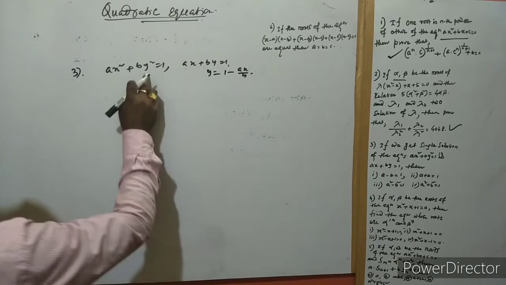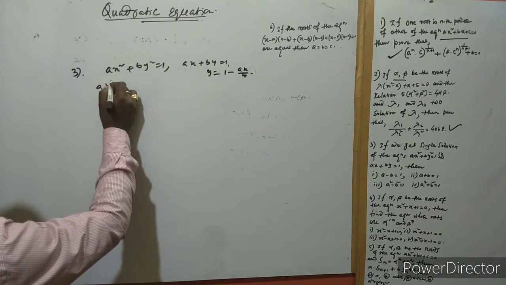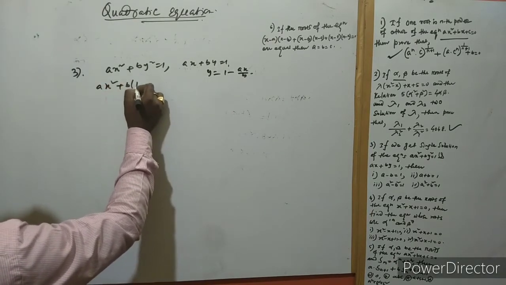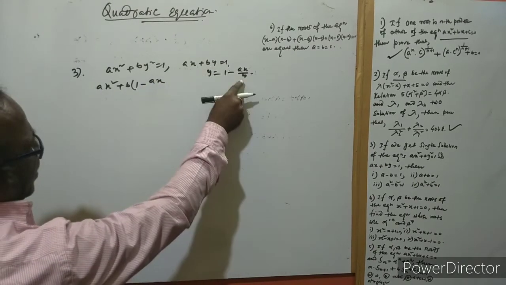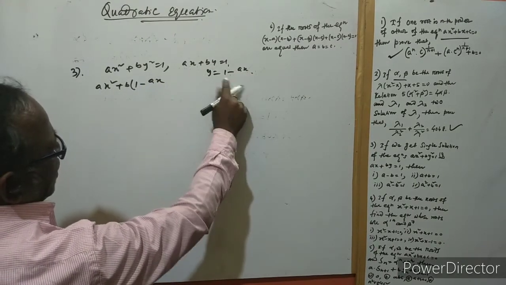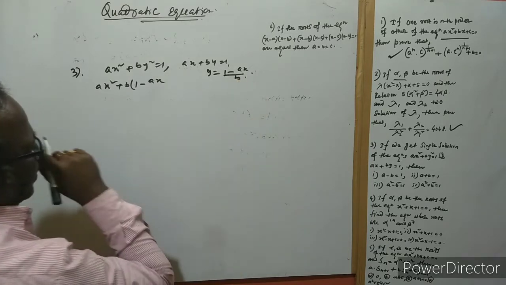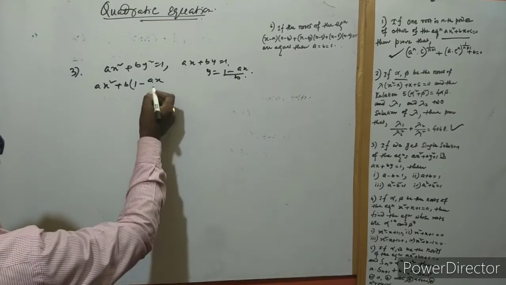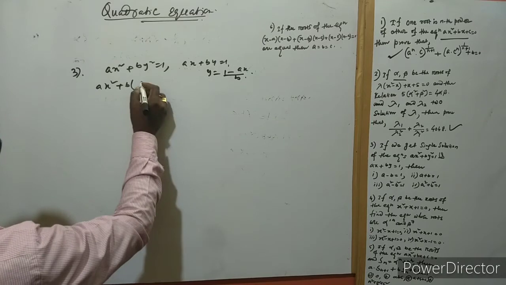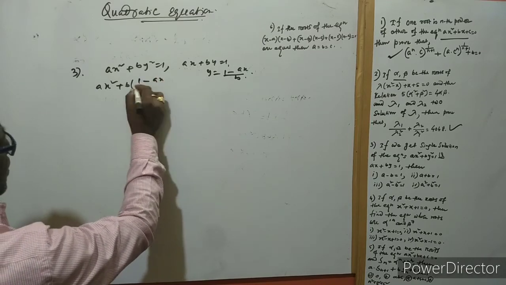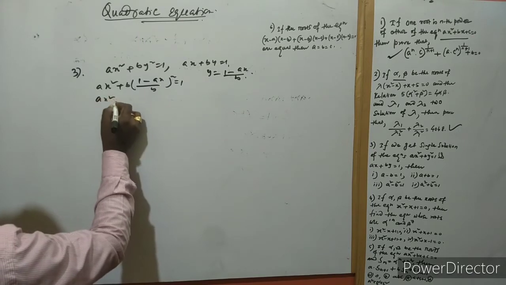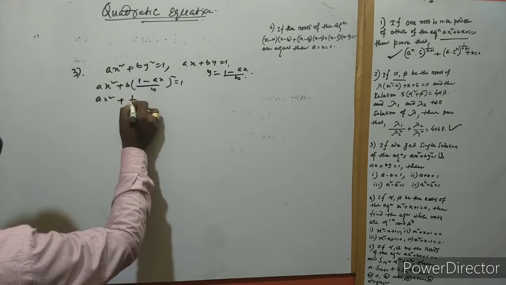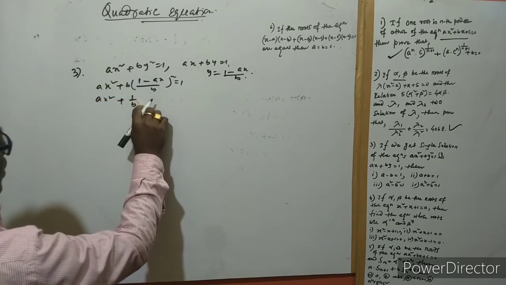Okay, now put this equation: a into x square plus b times of (1 minus ax) by b, whole square, is equal to 1. Simplify: ax square plus (1 minus ax) whole square by b equals 1.